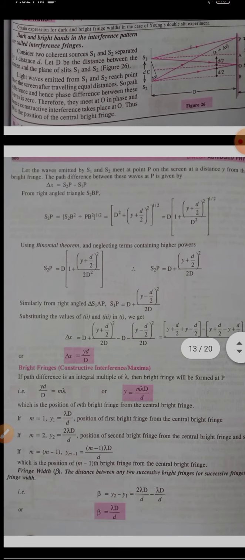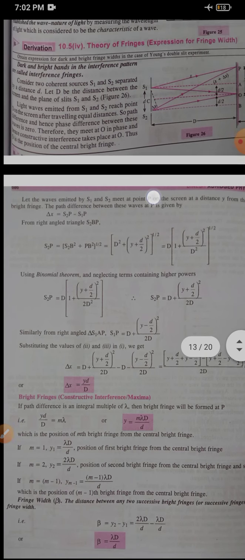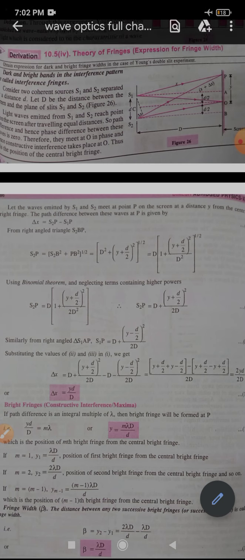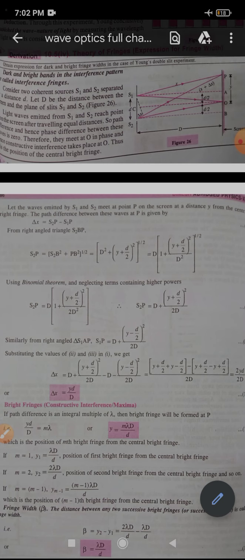Next, let the waves emitted by S1 and S2 meet at a point P on the screen at a distance y from the central bright fringe. This length OP is y. The path difference between these waves at P is given by the following.